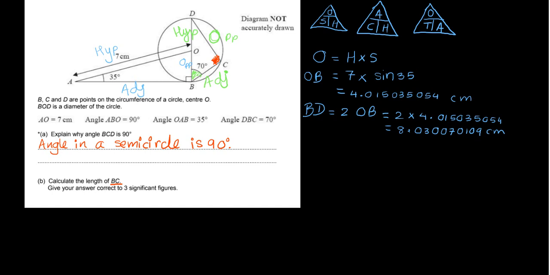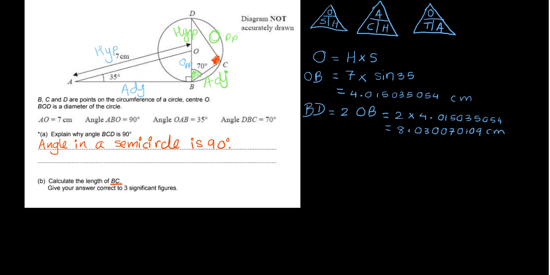It's 8.03 something over here, so I have the hypotenuse, and I need to find the adjacent. So I go back to my trig ratios, which are right at the top. Which one of these uses an adjacent and a hypotenuse? It's the cos. What bit of information do I need to find? I need to find the adjacent side, so I cover A, and that's the hypotenuse times cos.